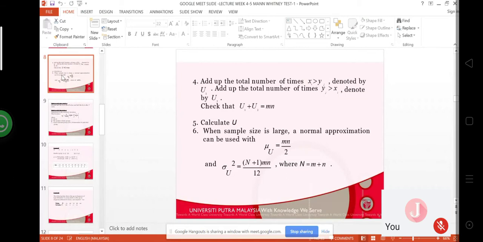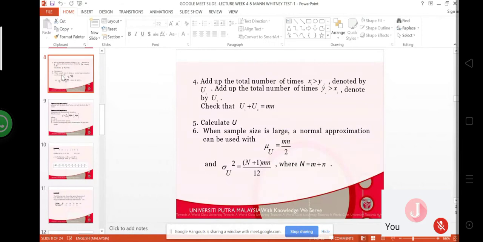When the sample is large, we use normal approximation. The mean is mn divided by 2 and the variance is mn(N plus 1) divided by 12. This is the formula to use.